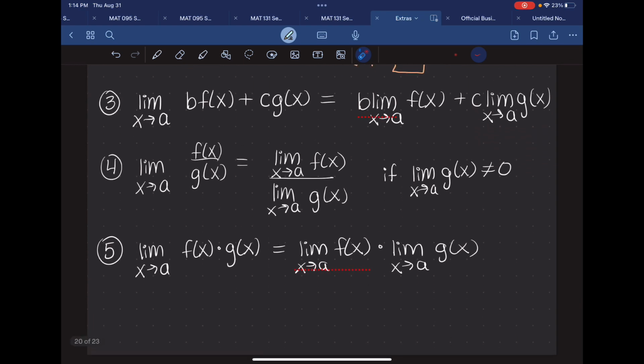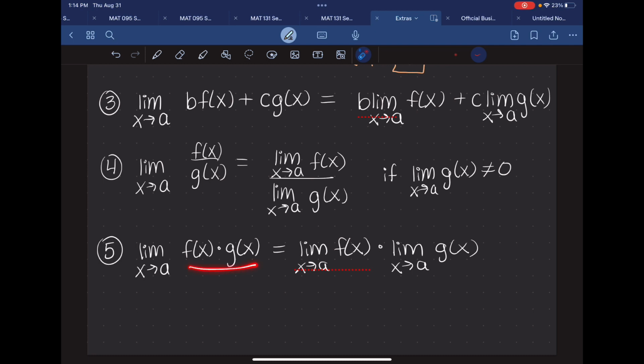Now we have our quotient and product. If I have the limit of a quotient, I can write that as the quotient of the limits, so long as, remember in the beginning I said that these limits have to exist. Additionally, we need that the limit as x goes to a of g of x is non-zero, because otherwise we'd be dividing by 0.